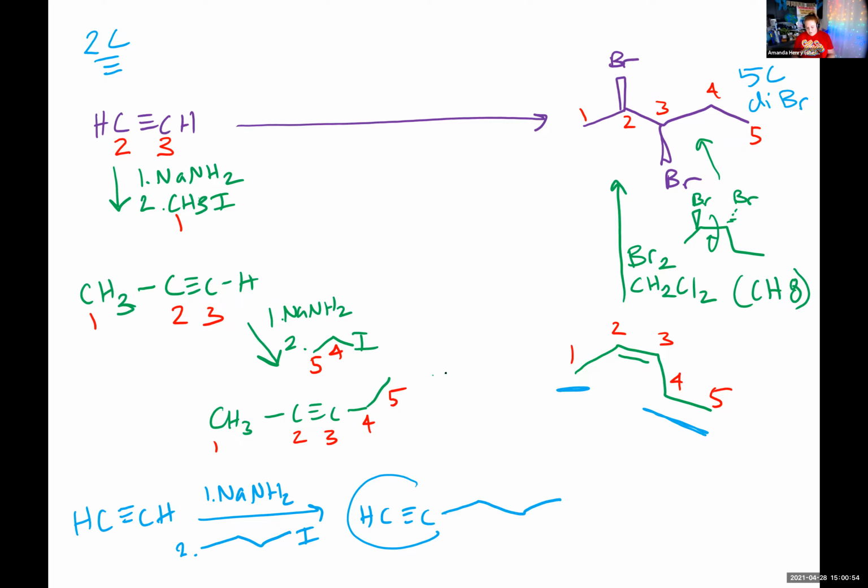We need to go from our alkyne to a cis alkene. So we learned how to go from an alkyne to an alkene 2 different ways. One was cis, one was trans. Do you remember which set of reagents we used to get to the cis alkene?